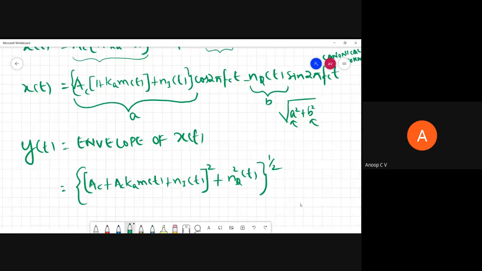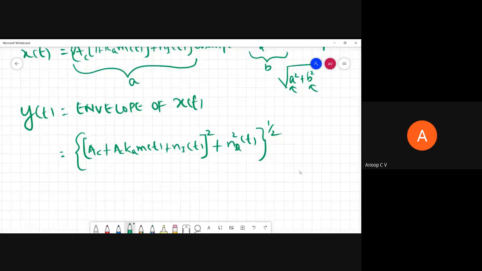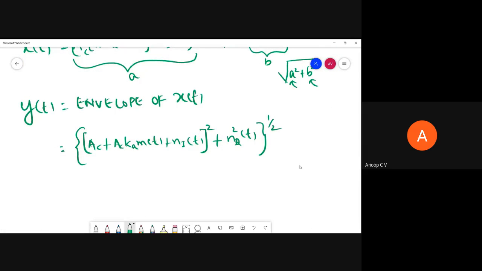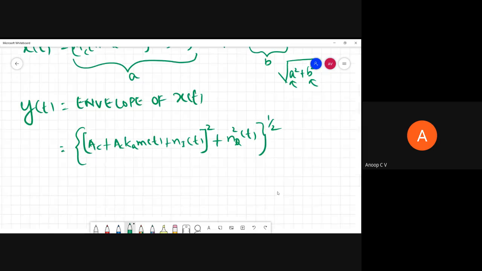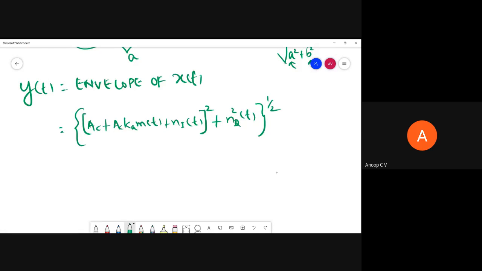So this is what we'll get at the output, but you can see this is a bit of a complicated expression, right? Maybe I can try and represent it as a phasor. If I represent it using phasor, then that would be easier for you to visualize.